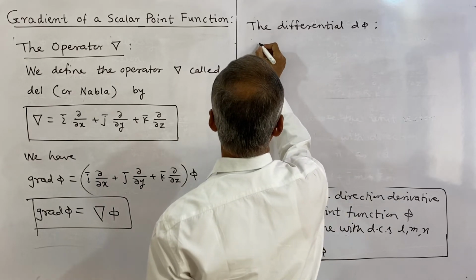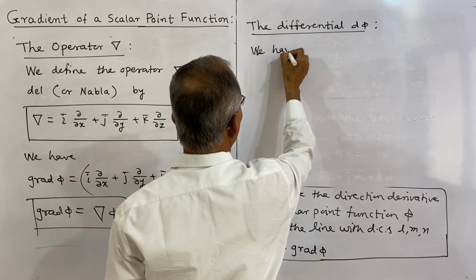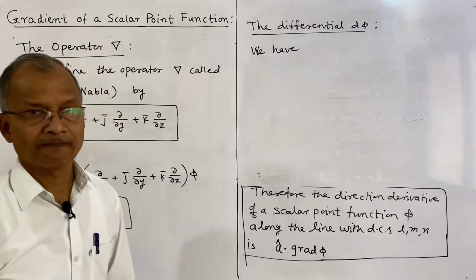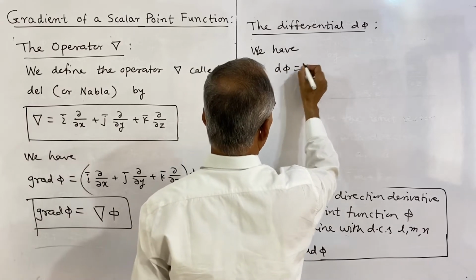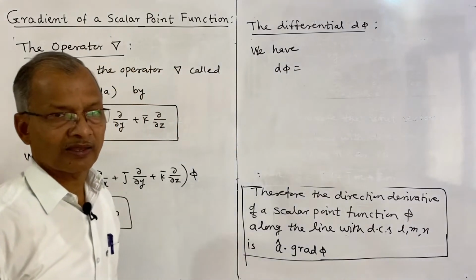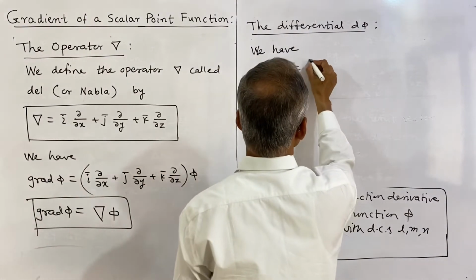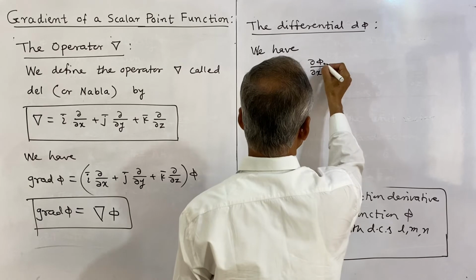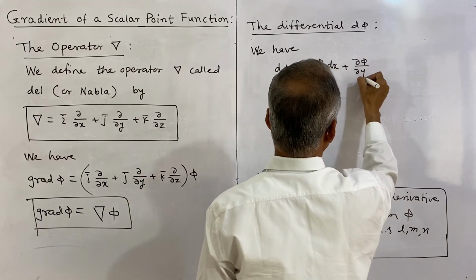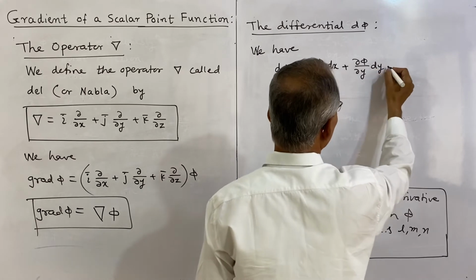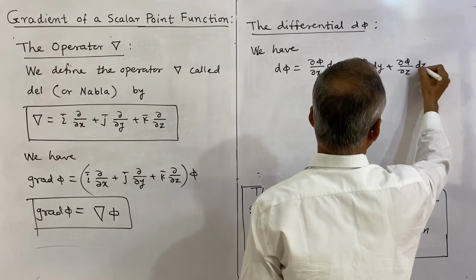So by a result on total differential, we have d phi equal to, phi is a scalar function of x, y, z, and therefore we can write this as dou phi by dou x, partial derivative of phi with respect to x, into differential of x, plus dou phi by dou y into differential of y, plus dou phi by dou z into differential of z.